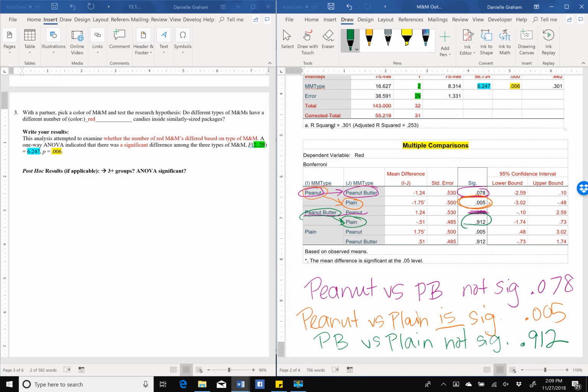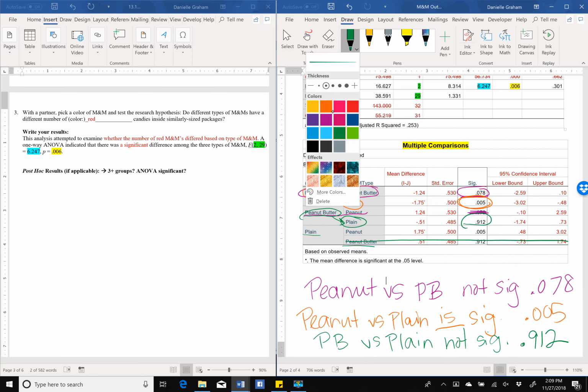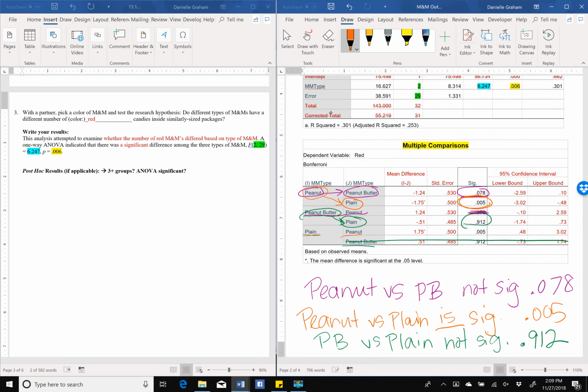Now the rest of this information is just repeats. Like peanut butter versus plain is the same as plain versus peanut butter. So we don't need to pay attention to this row at all. And plain versus peanut is the same as peanut versus plain. So we don't have to pay attention to that row at all either. So we really only need those three values because everything after that is just repeats.